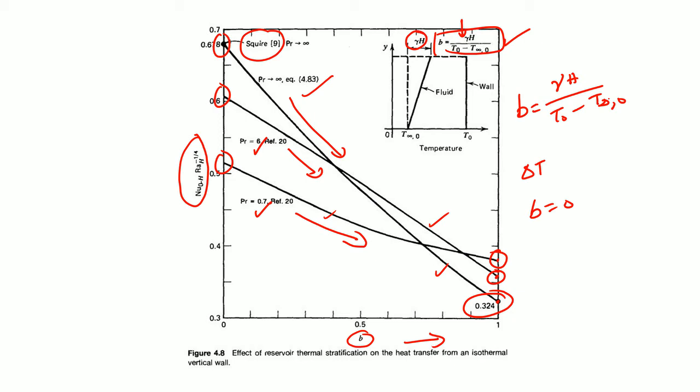That can also be written as 1 minus delta T minimum by delta T maximum. So, as this delta T minimum goes on changing, the B parameter will increase, and naturally this will hurt the amount of heat that is coming from the wall to the fluid.